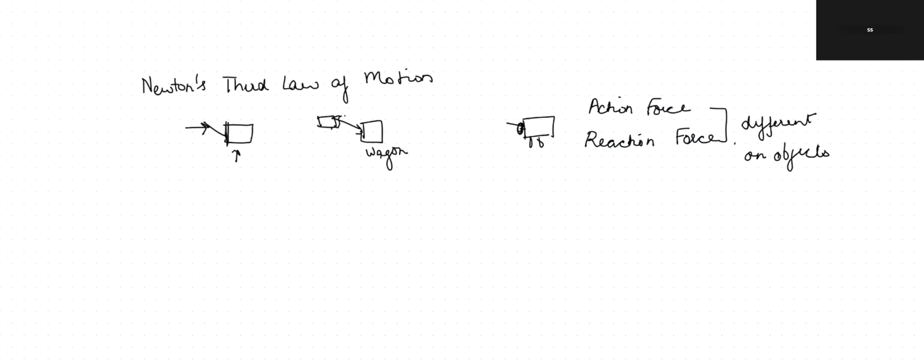Rocket propulsion can be explained using Newton's third law. So this is a rocket, and these are the gases coming out of it.